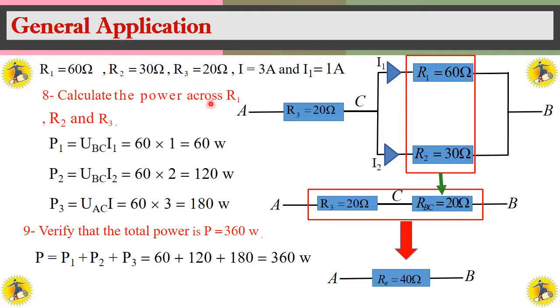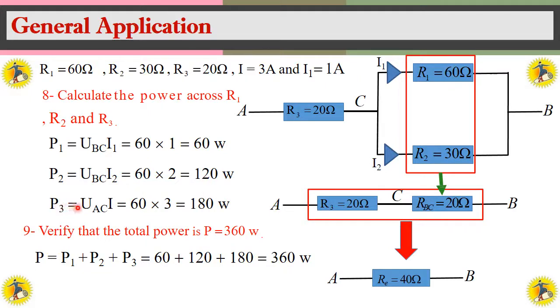Calculate the power across R1, R2, R3. Okay, we have the voltage BC and I. So P equals UI, P1 equals UBC times I1, we will get 60. P2 also equals UBC times I2, equal 120.